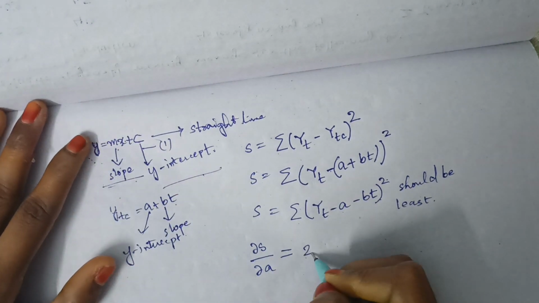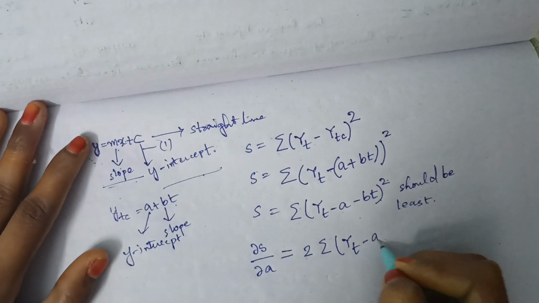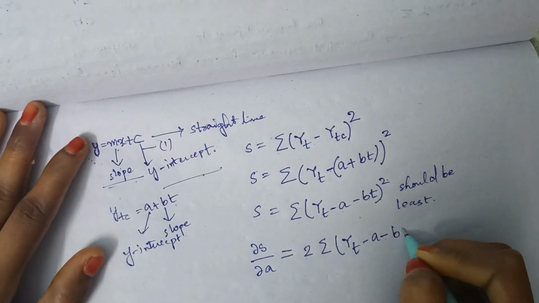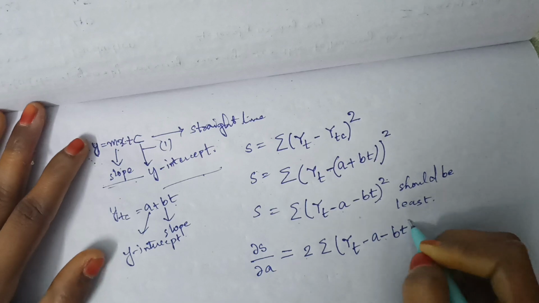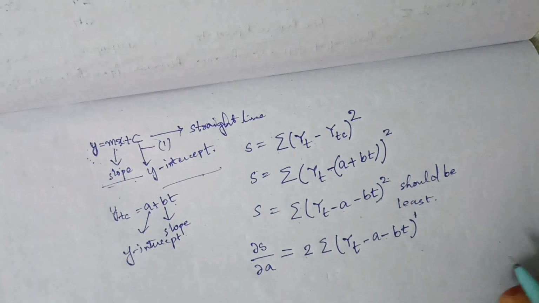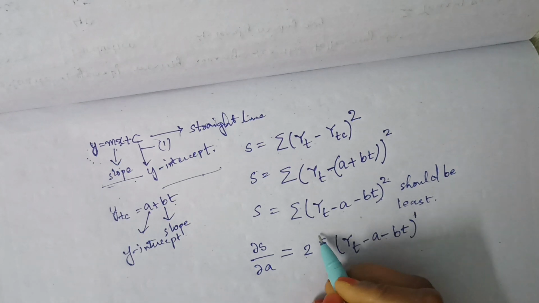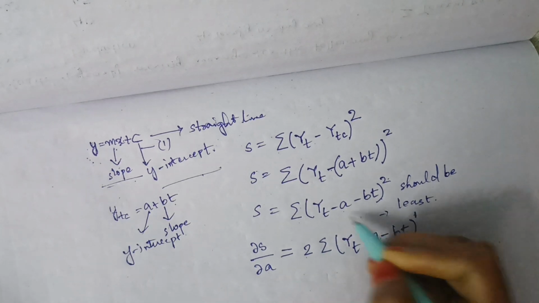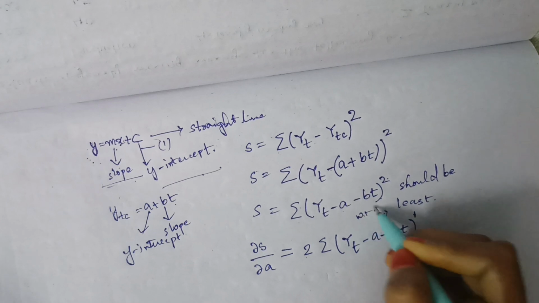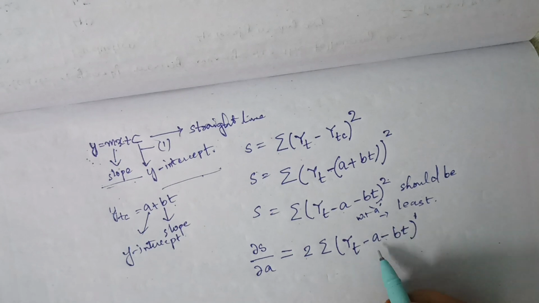So 2 into the summation of (yt minus a minus bt) to the power n minus 1. 2 minus 1 is 1, so we have the power 1. And here we are differentiating partially with respect to a, so all other terms become constant.